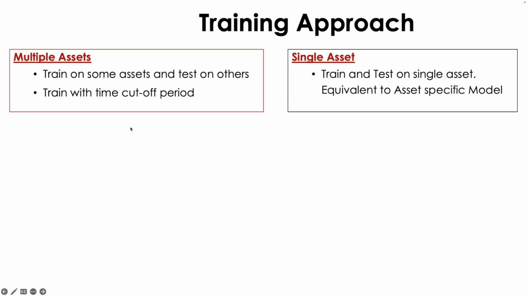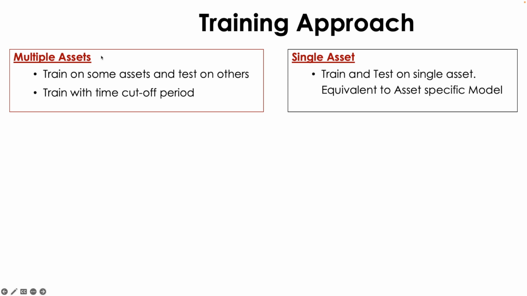I'll explain what that means in a moment. We can also train using a cutoff time. So we can take all the 50 assets that we listed, and then we train on data between 2020 to 2022, and then we test on data between 2022 to 2023. So this is just an example of what we can do, right?